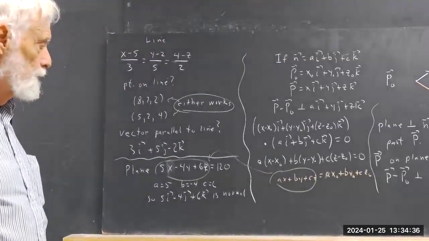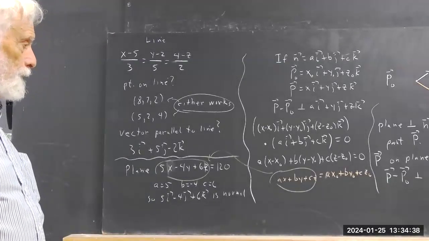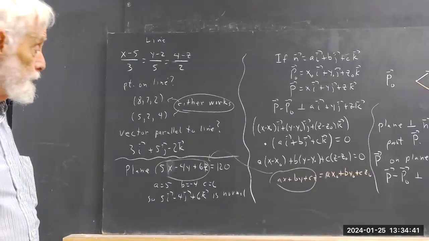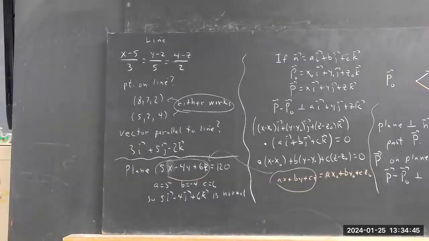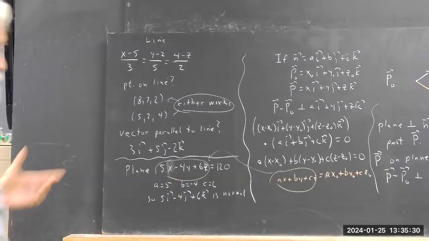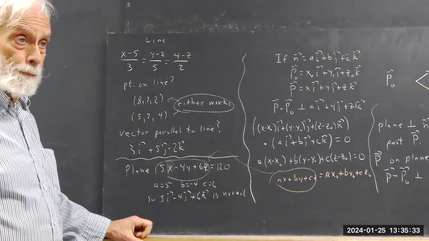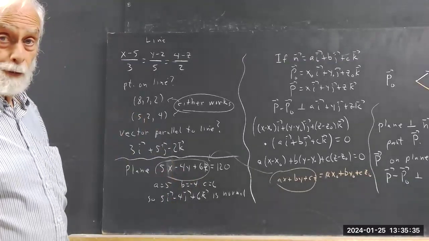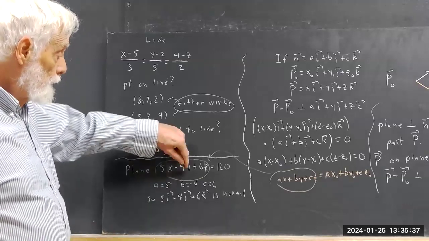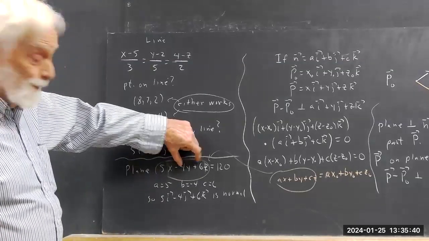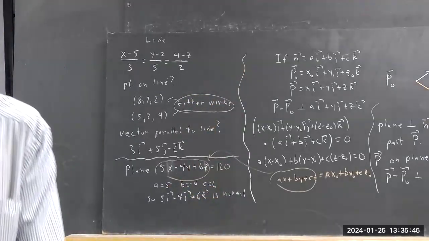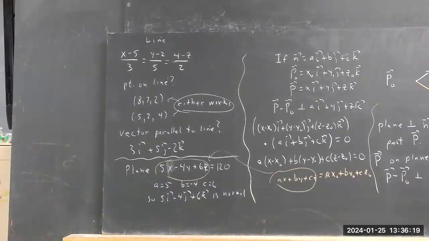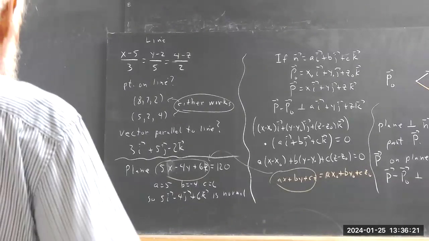Can you give me the coordinates of a point that lies in this plane? Somebody came up with 24, 0, 0. How'd you do that? Well, y and z are both 0, then 5x has to equal 120, so x is going to be 24. Somebody else made it work.